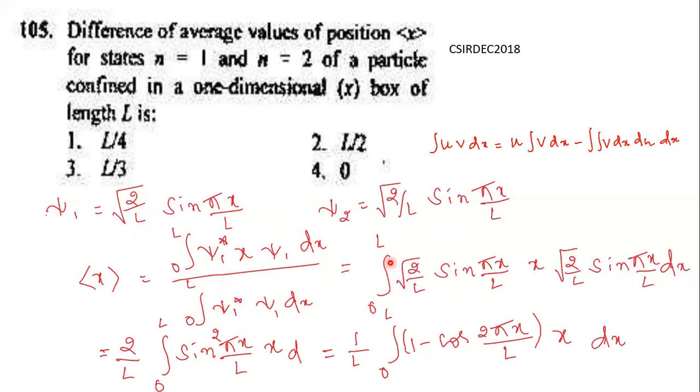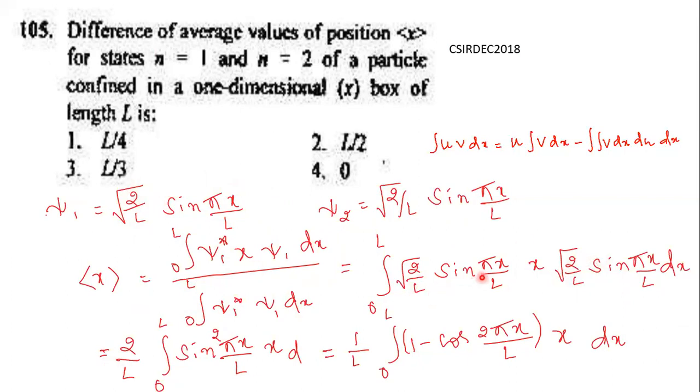So this is equal to the integration from 0 to L of psi 1 star, as it doesn't involve any complex conjugate, the same as psi 1, root 2 by L sine pi x by L, times x, times psi 1, the same root 2 by L sine pi x by L. Then root 2 by L into root 2 by L becomes 2 by L, which is taken outside.